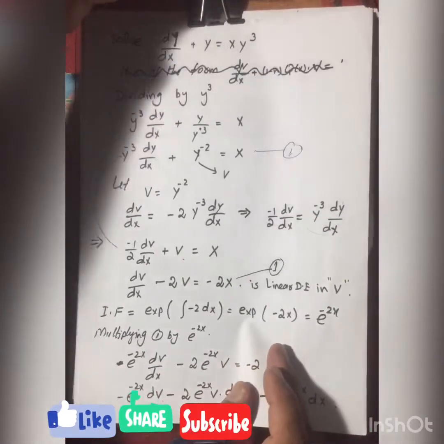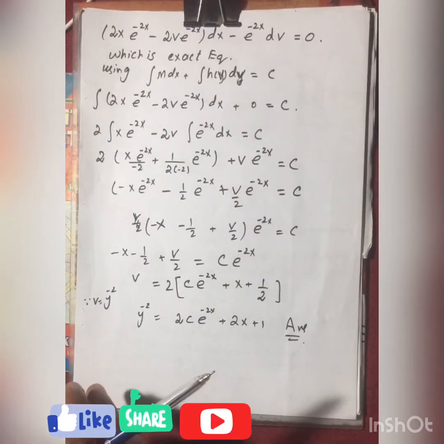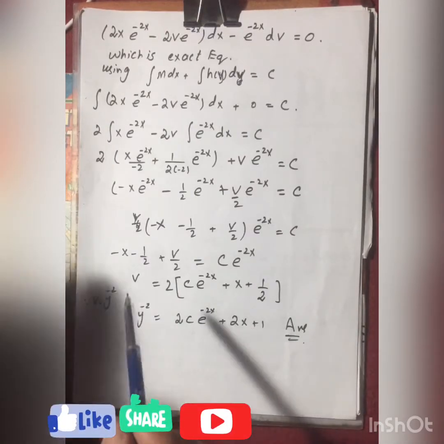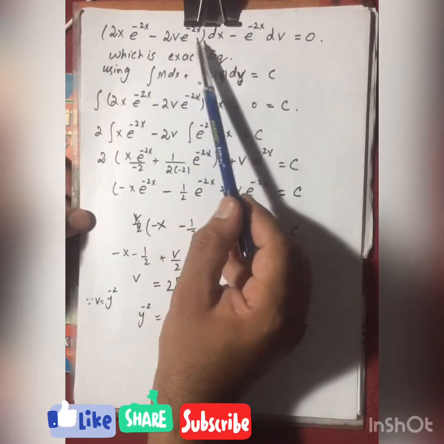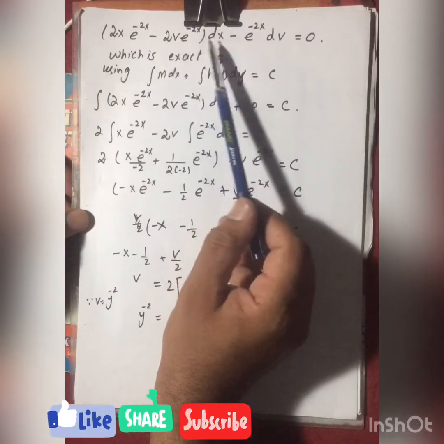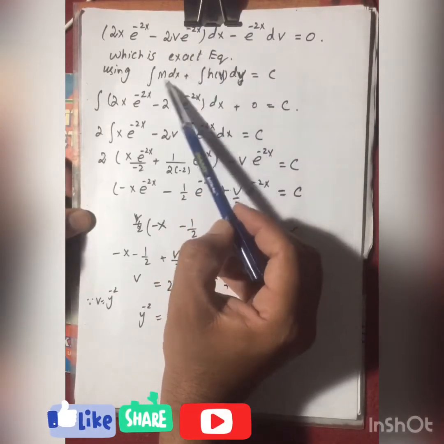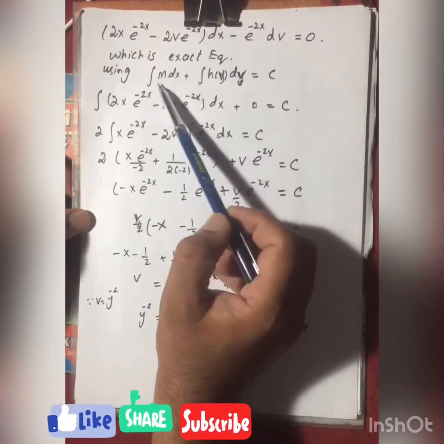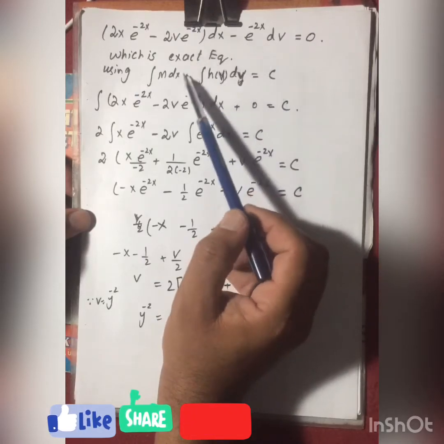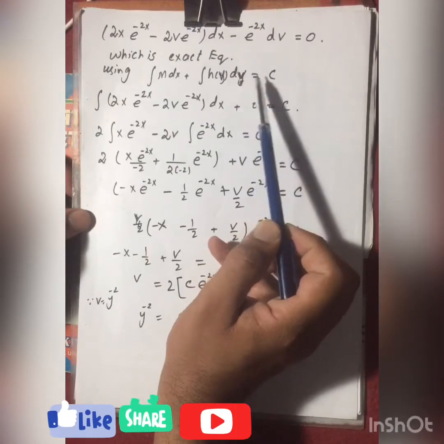Next, after combining the terms including dx on the left hand side, you will get an expression in dx and dv equals 0, which is an exact equation. We will solve this exact equation by using the technique: integrate M dx, treating v as constant, equals c.